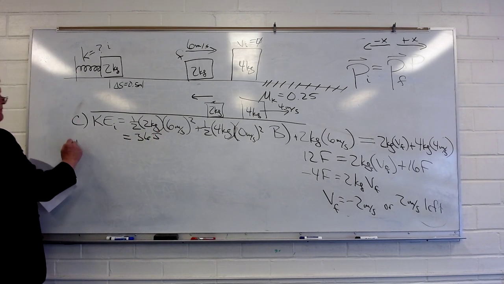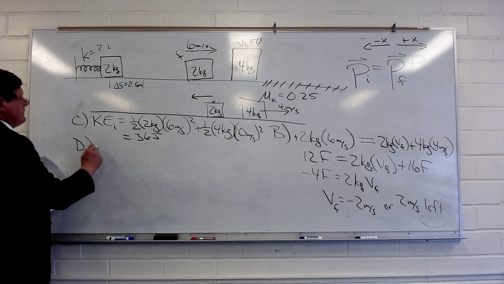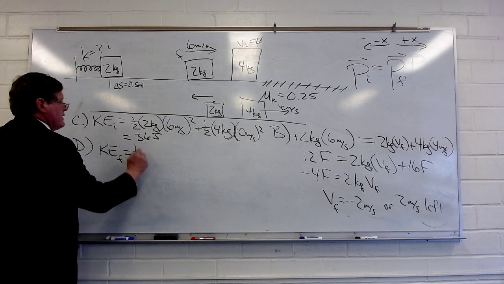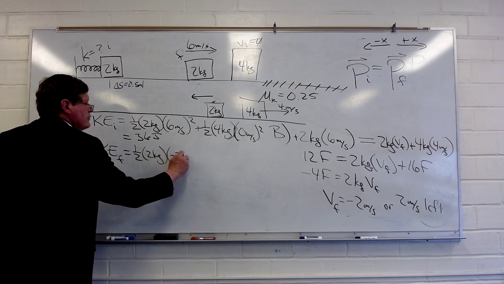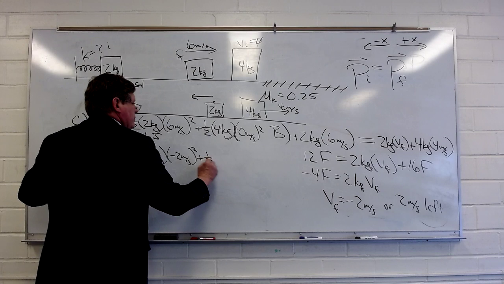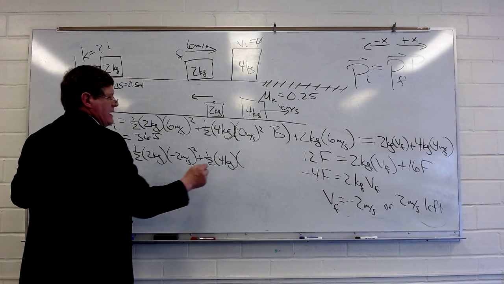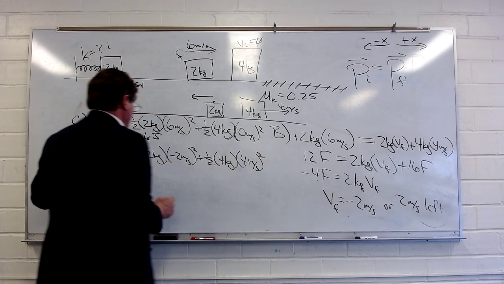If I look at the final energy, well, I have the small block moving at negative 2 meters per second. Got to square that. And I have the big block moving at, we're given that part, 4 meters per second to the right.